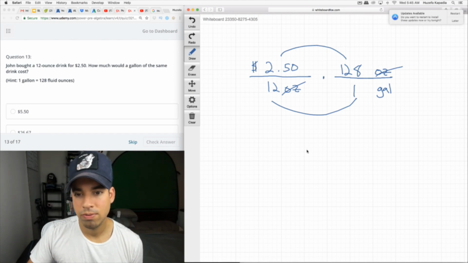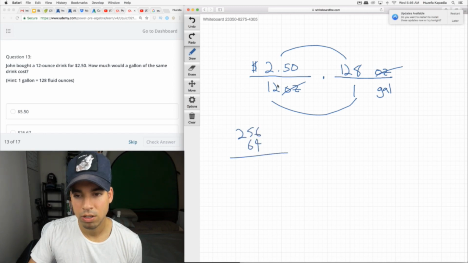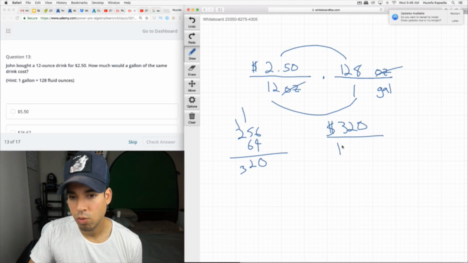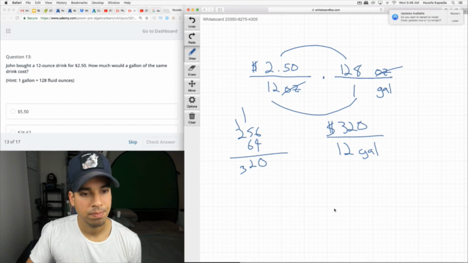128 times 250, let's see, 256 plus 64. I'm just doing that in my head really quickly. You could multiply it out yourself as well. So it's 320. So it's $320 per 12 gallons, but we want per 1 gallon.